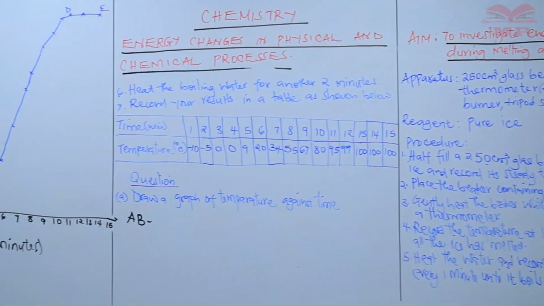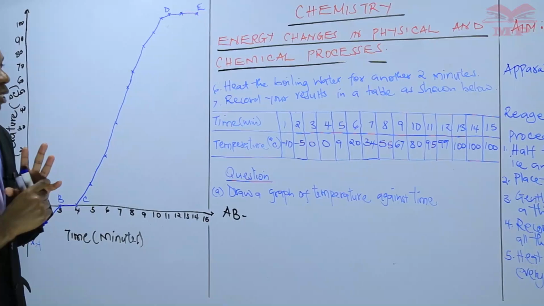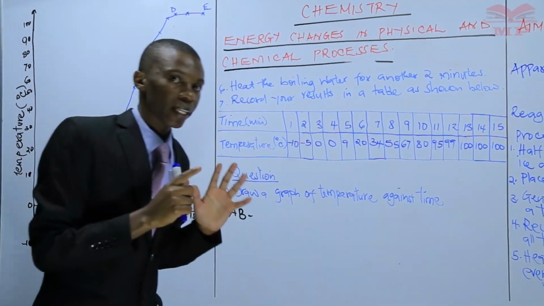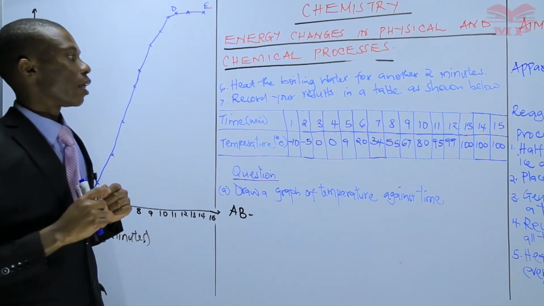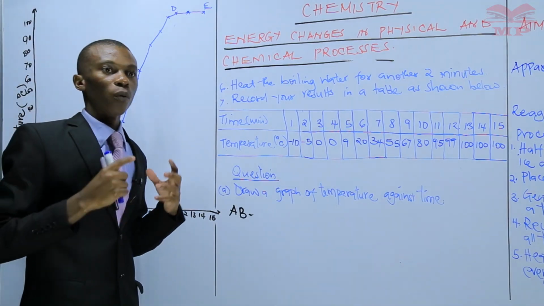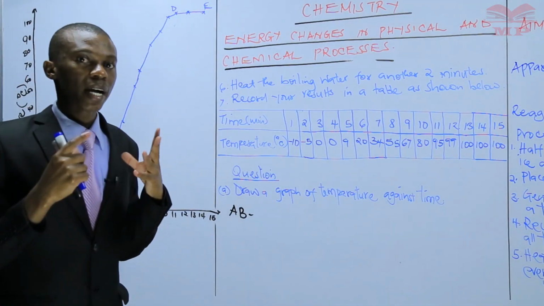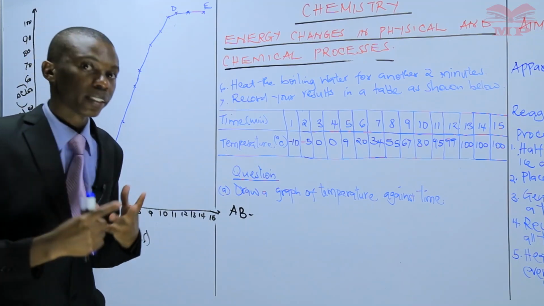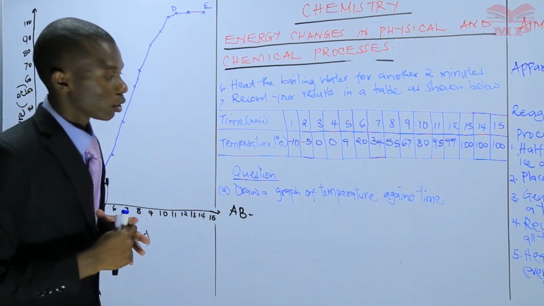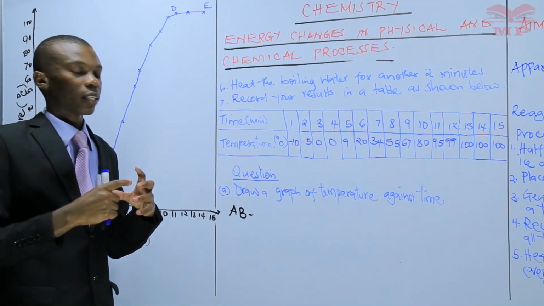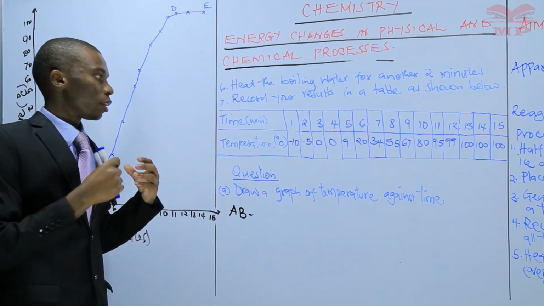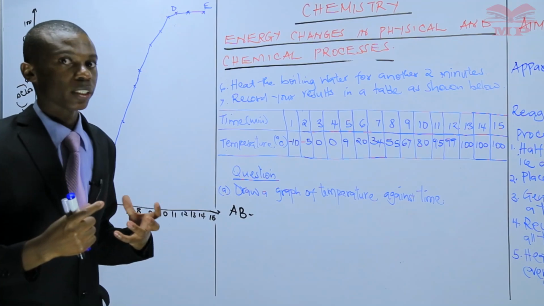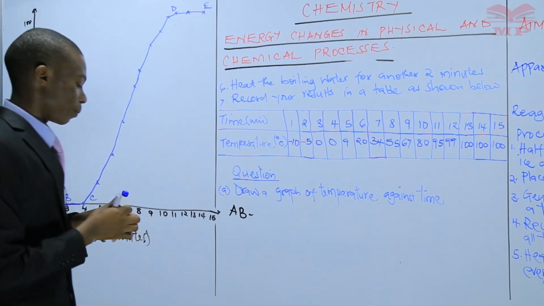So the heat energy is now being applied on the ice. This heat energy is being converted to kinetic energy. This kinetic energy now makes the molecules of ice vibrate more vigorously. So when they vibrate more vigorously, now there is change in position. They are able to change their position because it's now a liquid.